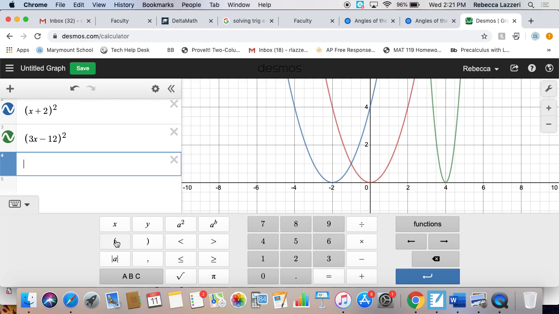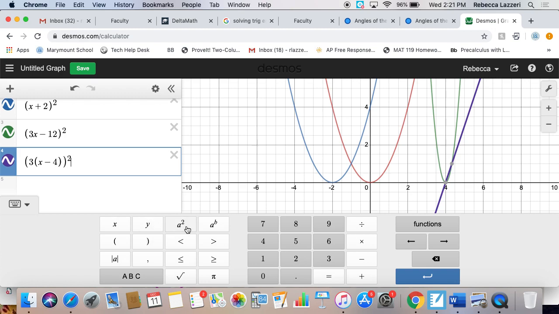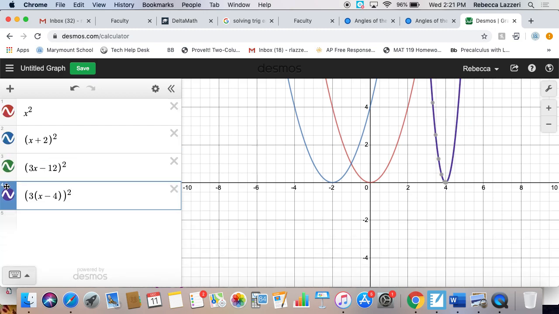So some teachers teach it like this, which I don't. But in case you see it, maybe Miss Arcan's student do it this way, or a video might do it this way. Do you see that the green and the purple are the same graph?